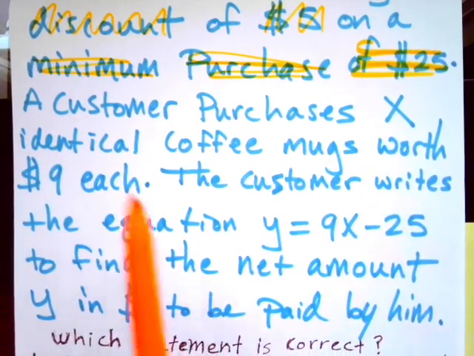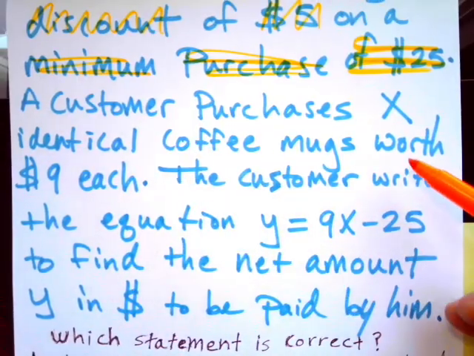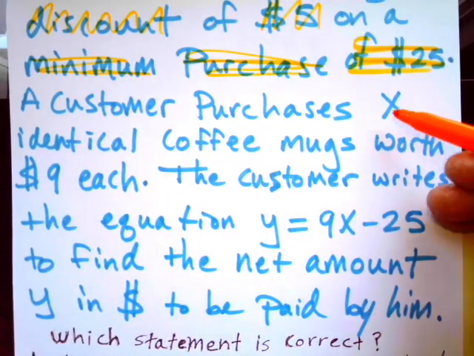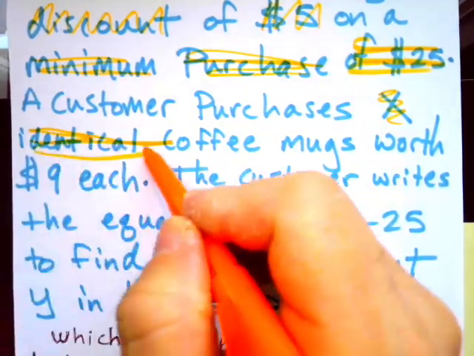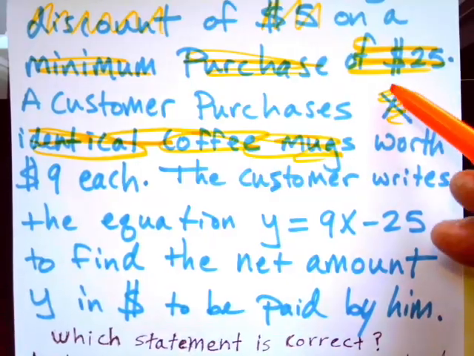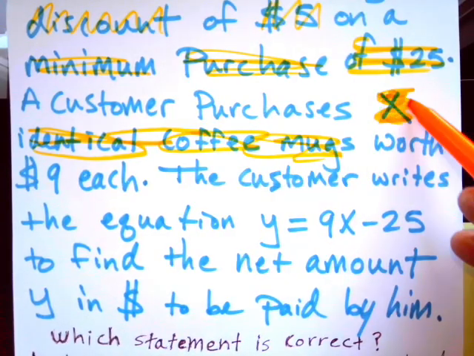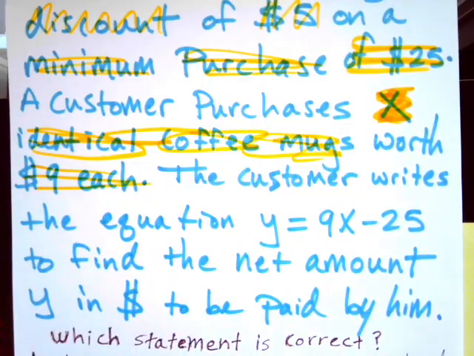All right, so a customer purchases x identical coffee mugs, right? x represents the identical number of coffee mugs, and they are all $9 each.